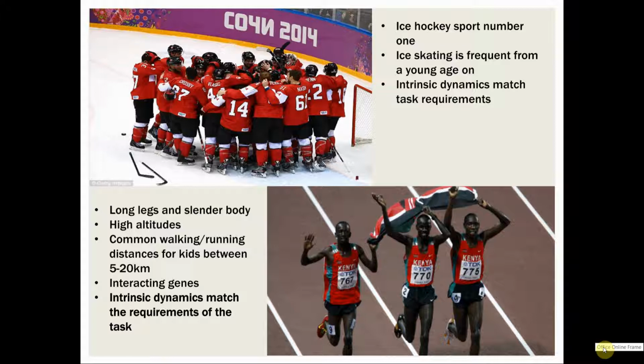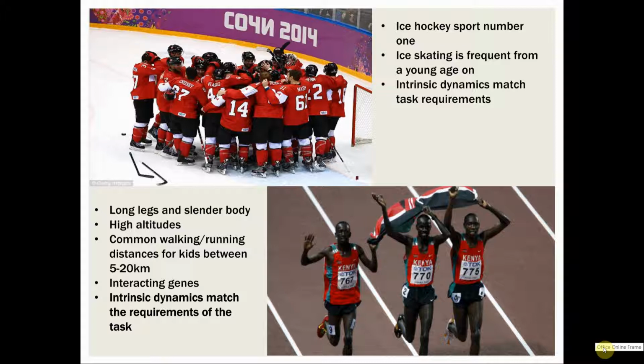So in these countries, ice skating is very frequent. That means that usually the intrinsic dynamics of the learners already match the task requirements for ice skating. Right? Young children who start ice skating have already had some exposure or some experience to ice skating previously.